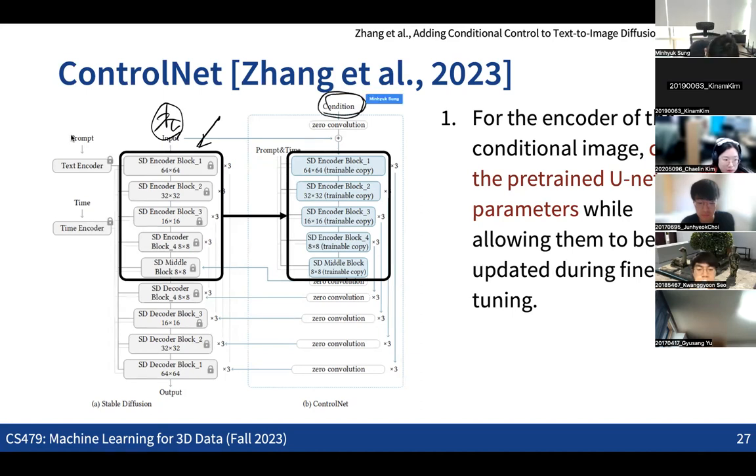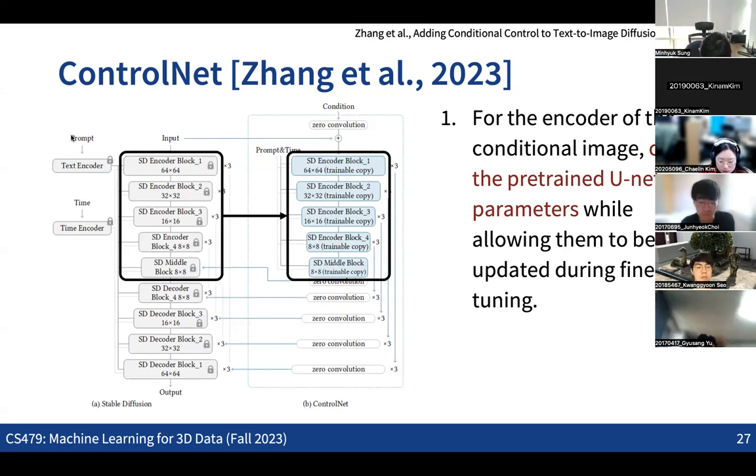The conditional image here is C. So what we do at the first stage is copy all the parameters of this architecture to make an encoding network, which is now encoding the conditional image C. We copy all the parameters of these parts to make the encoder of the conditional image, while we also allow all the parameters to be updated over the fine-tuning step.